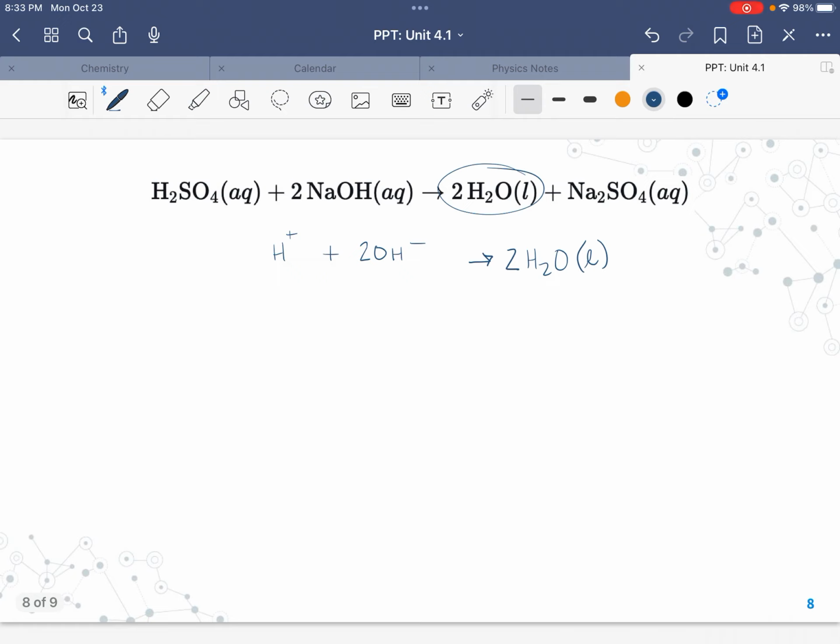Okay, this one, if we look at the net ionic equation, we have a hydrogen and a hydroxide ion that are being combined, and it's going to form water. And then if we look at the total one, there is a salt over here. Okay, so this is actually an acid-base reaction.